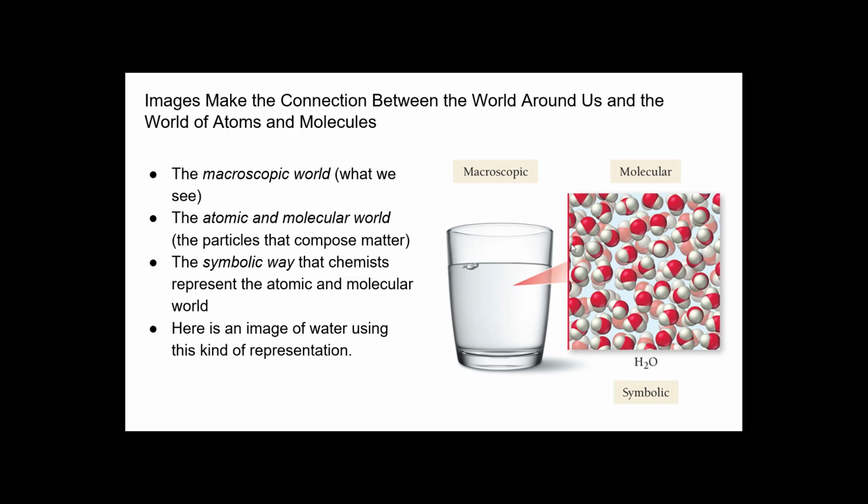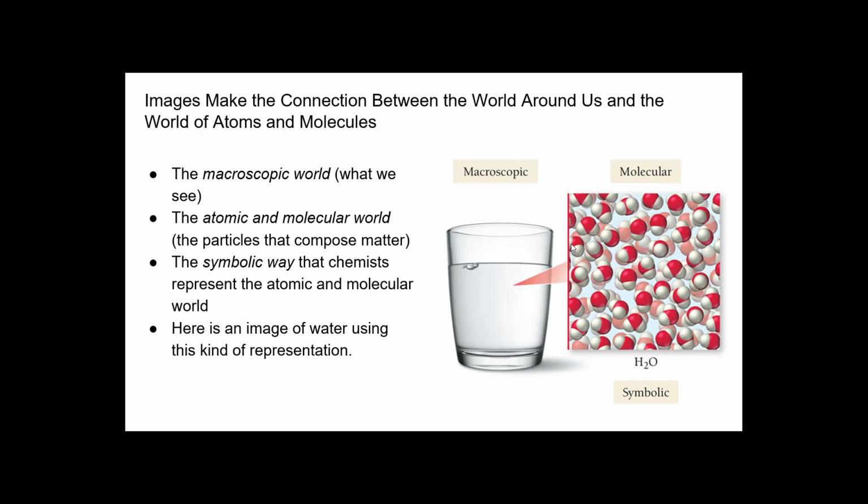So the macroscopic world is basically everything big. What we can visually see, that's what's considered macroscopic. The atomic and molecular world are the particles that compose the matter, but we can't see them. So this is how we draw stuff to give us a representation, even though it's really a lot smaller than what we're even looking at, trying to understand the molecular world. The symbolic way that chemists represent the atomic and molecular world.